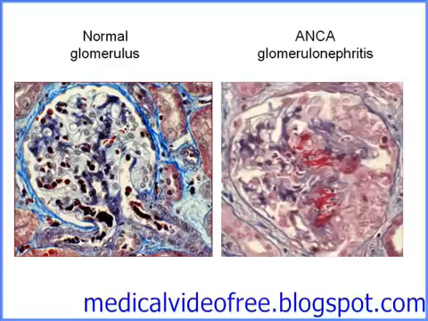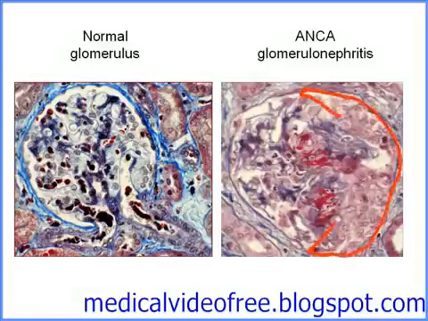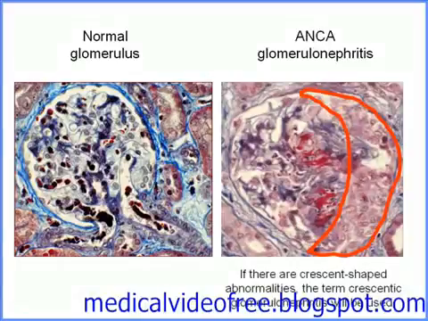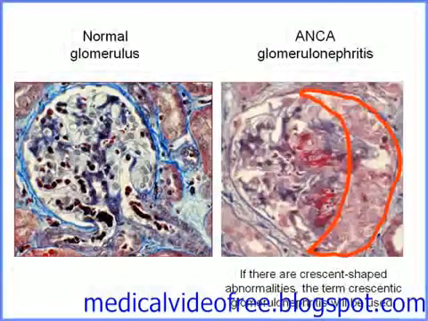This next slide shows a higher magnification photograph of the injured glomerulus on the right, just to mention something that you and other patients may hear described by your nephrologist, and this is something called a crescent. Sometimes you hear your glomerulonephritis in ANCA disease referred to as a crescentic glomerulonephritis, which means it has lots of crescents.